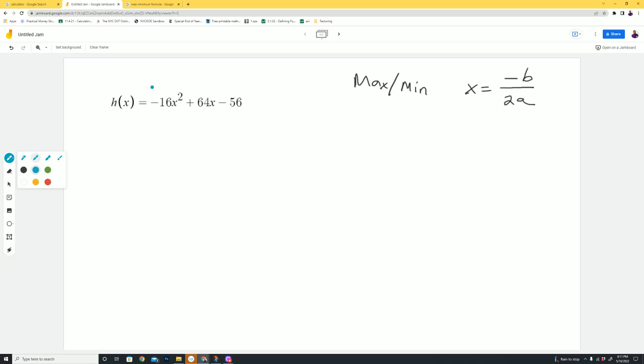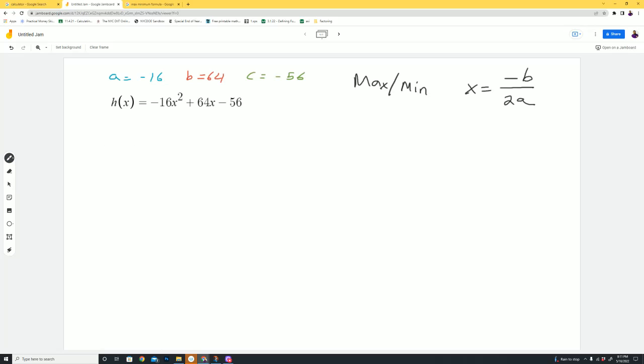Since we already know what these variables are, we're going to plug these in. So let's see, we have our a is negative 16, our b is 64, and our c is negative 56. Now, what we're going to do is plug it into the max-min formula.